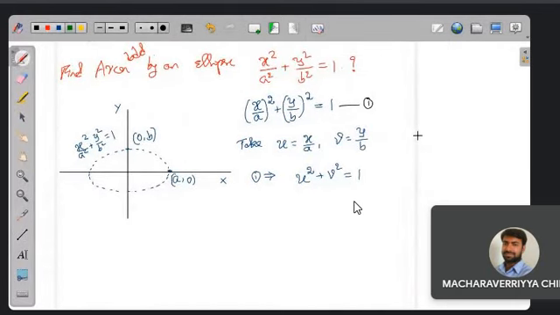Means if you draw the plot of it, so let me draw it here. After applying the transformation, let's say this is the picture we have. Okay, this is a circle. It's not exactly looking like one, but assume this is a circle, right?